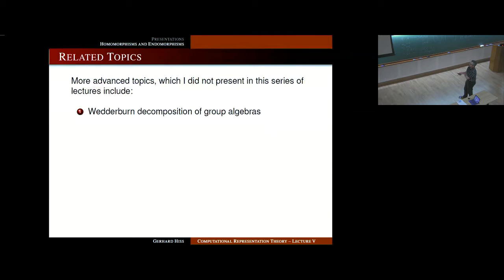For example, find the Wedderburn decomposition of group algebras over fields of characteristic 0. This is, of course, something which is very important in applications.